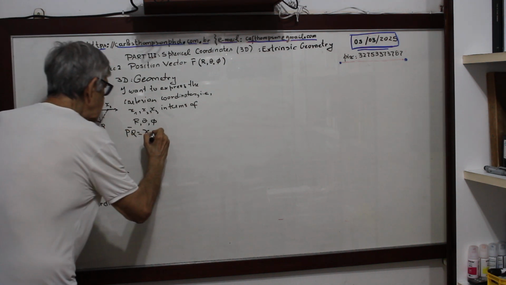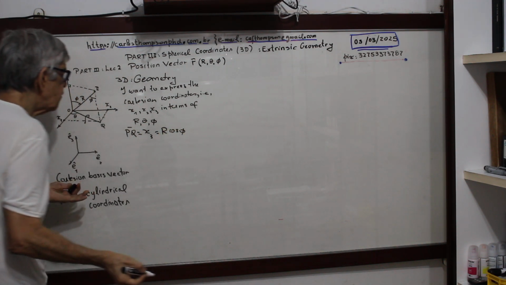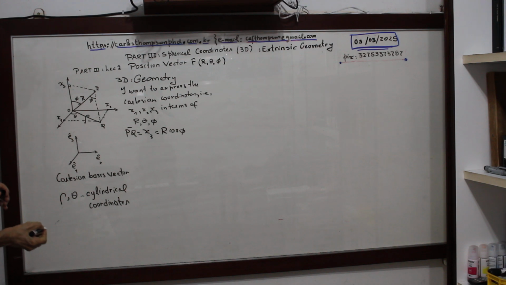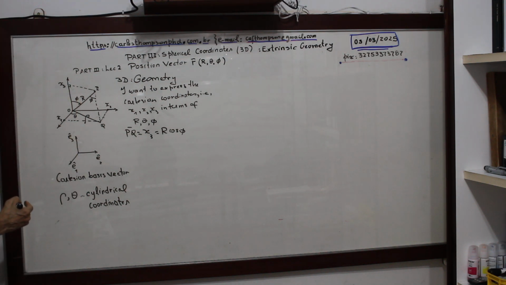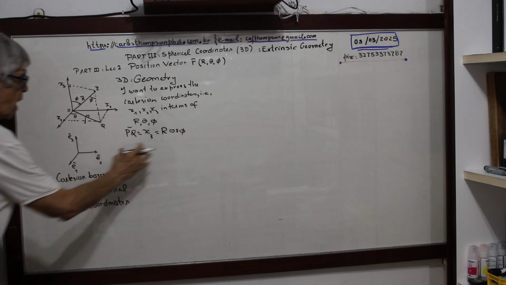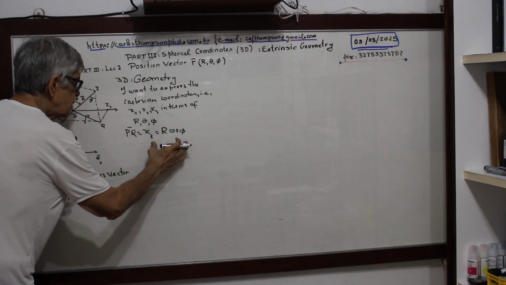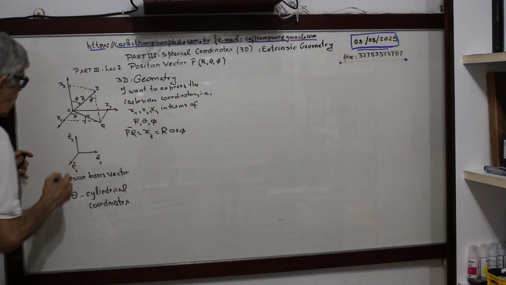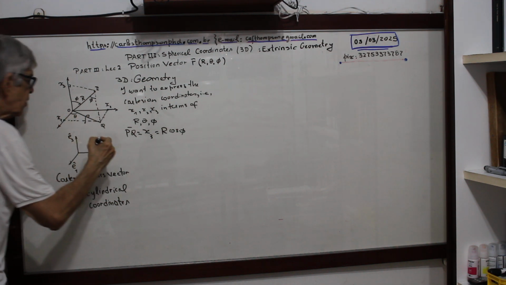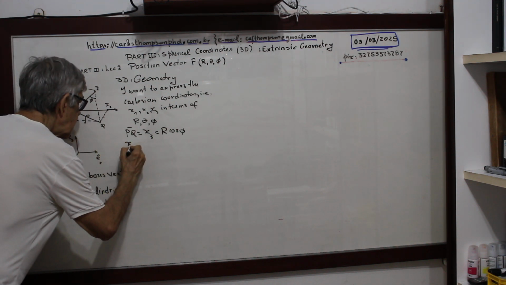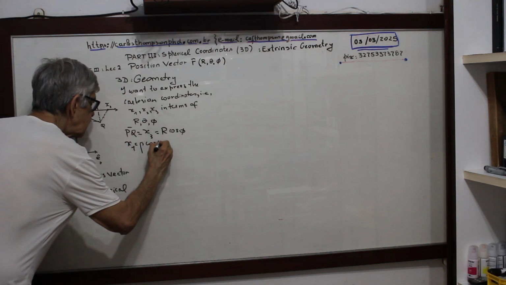So PQ is just R cosine of phi. This is a right angle triangle. Then I already determined x3. Now, x1 is rho cosine theta.